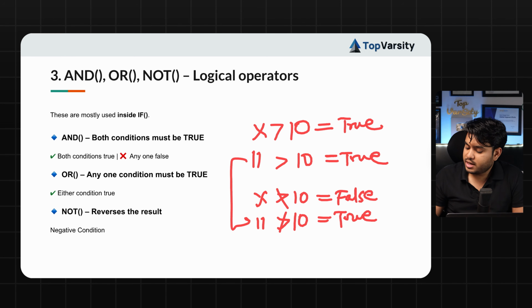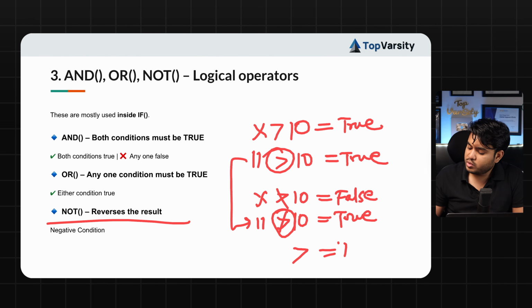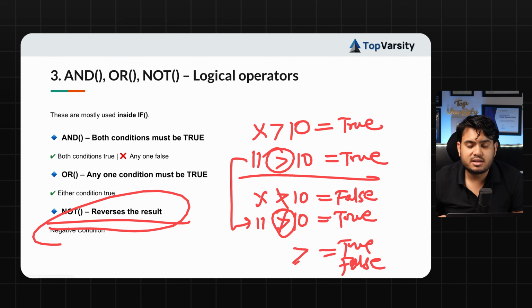Same thing it is writing, just the symbol is getting changed. That's why it is called a useless function, because if I have right, then I'll write true. No, I don't want to write false here. So that's why I'll use the if not function. But as it is in our syllabus, we'll go through it. We'll check what examples we can solve with this.